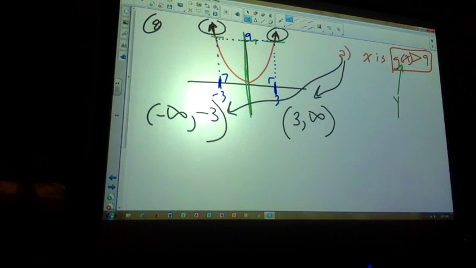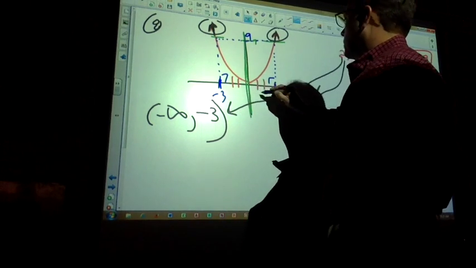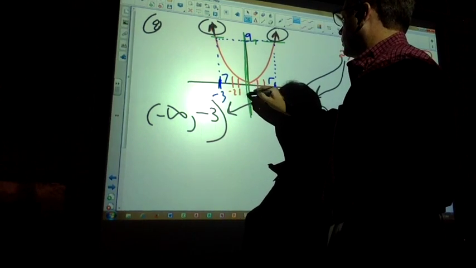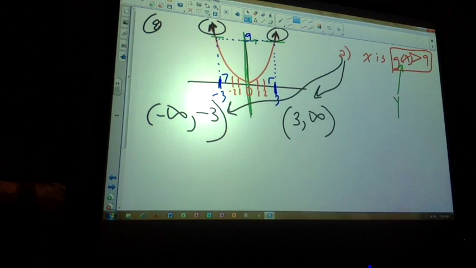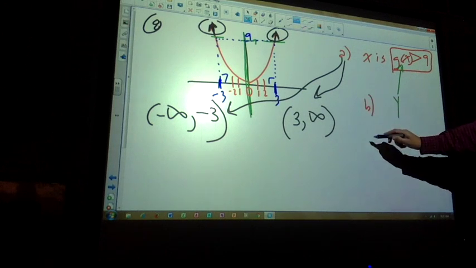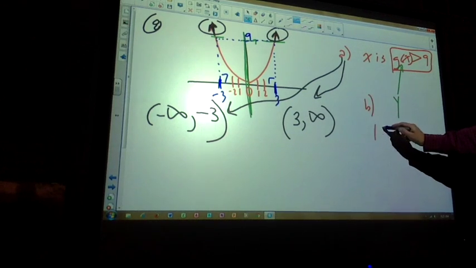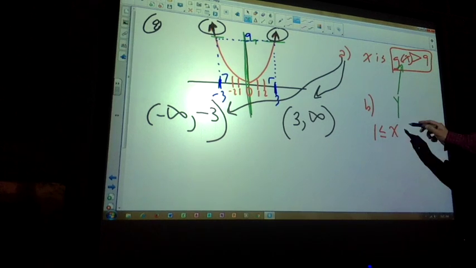Okay? Find the value of y that corresponds when x is 1 to 3. Okay, so I'm just trying to write this down. Letter B goes: 1 less than or equal to x, which is less than or equal to 3.